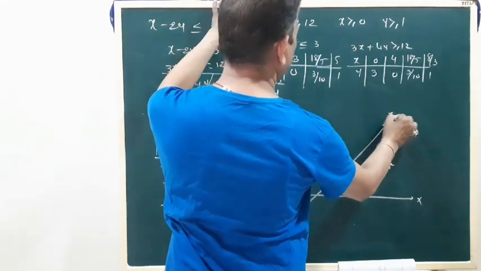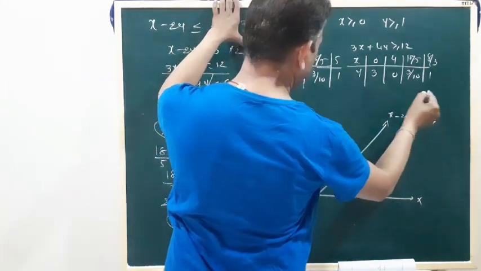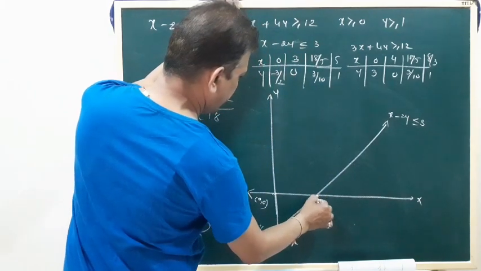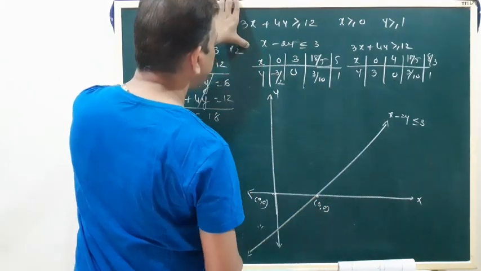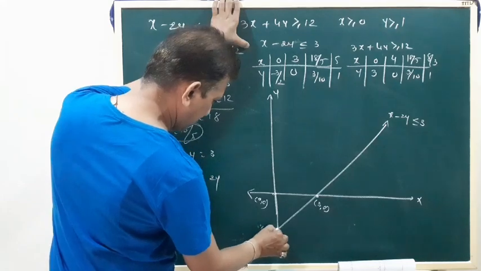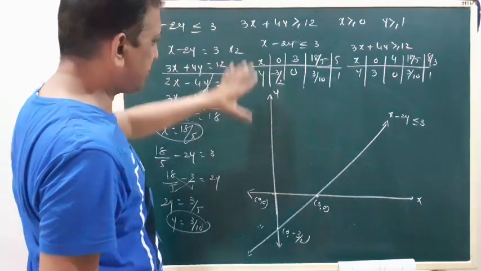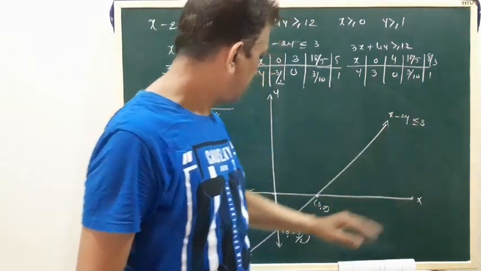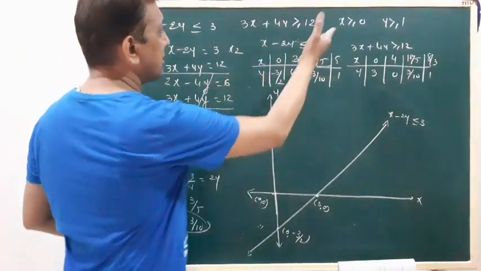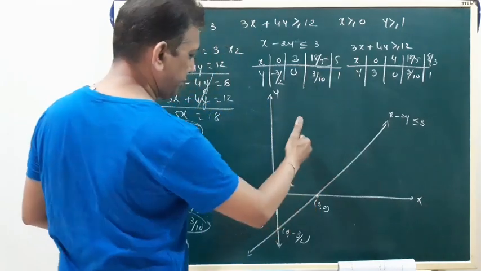First line: x minus 2y less than or equal to 3, intersection point 3, 0. Is 0, 0 satisfied? Yeah. But here the first quadrant, x greater than or equal to 0, first and fourth.